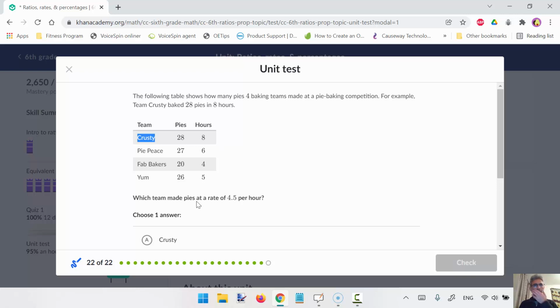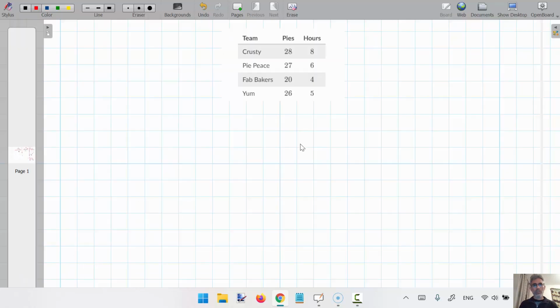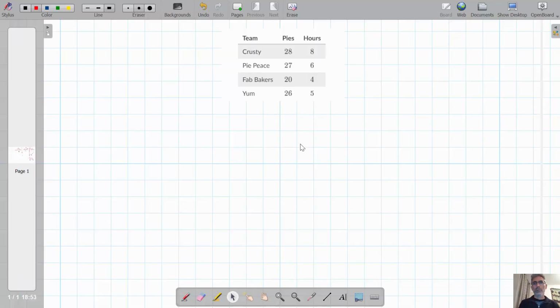Which team made pies at a rate of 4.5 per hour? Okay, so 28 divided by 8. 3 goes into 28 3 times.